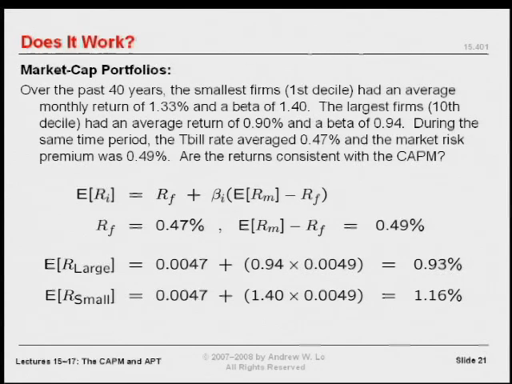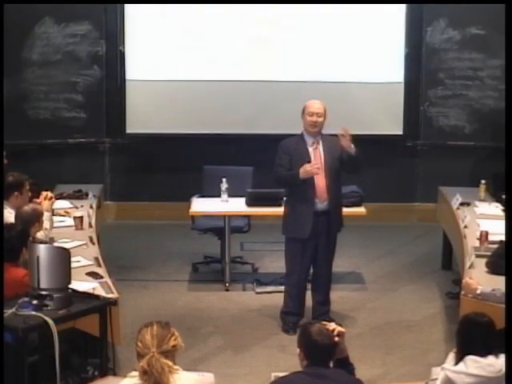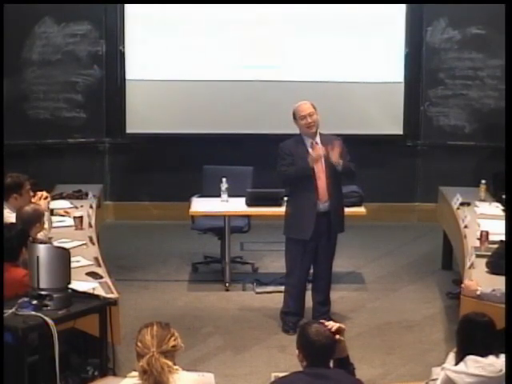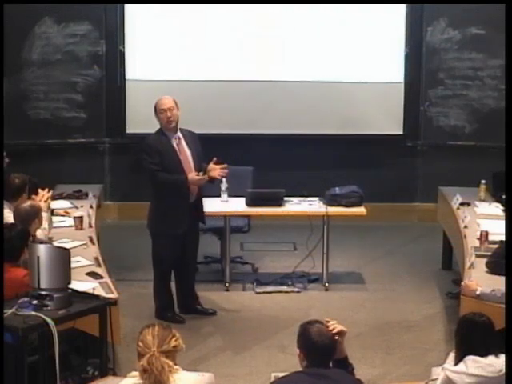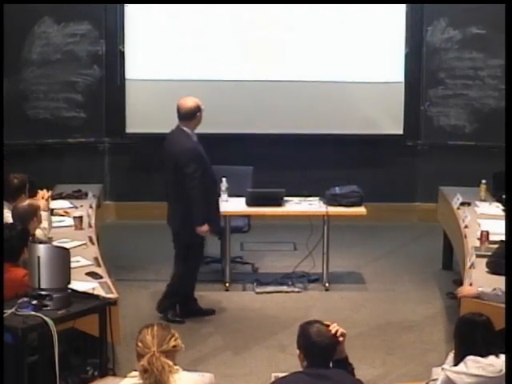For the small cap portfolio, 1.33 is what was realized, and 1.16 was what was predicted. So that's pretty good. Now, I want to emphasize the point that this is really good, because let's take a look at other ways of dividing up the universe and seeing whether or not we can get a better explanation of risk and expected return.